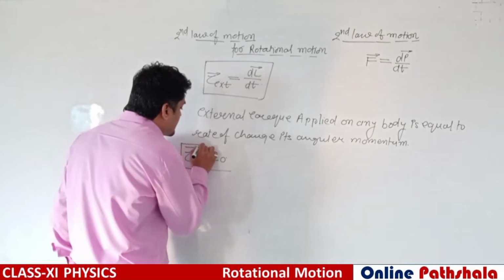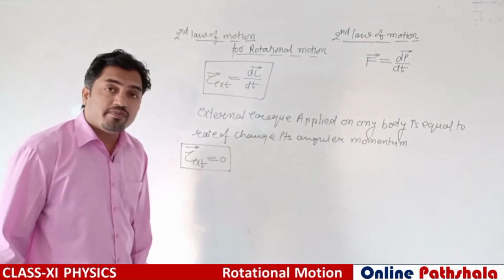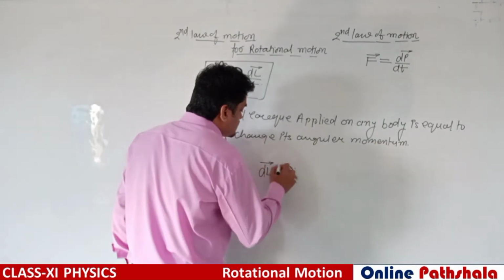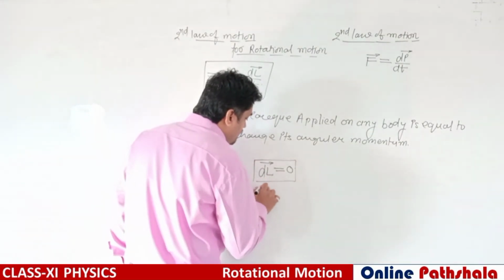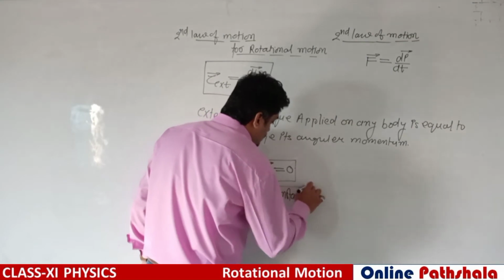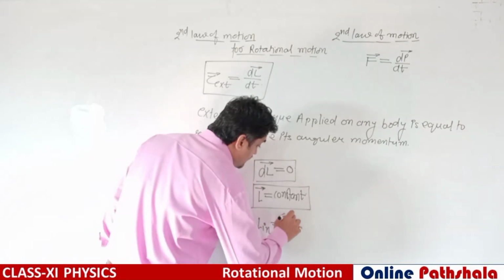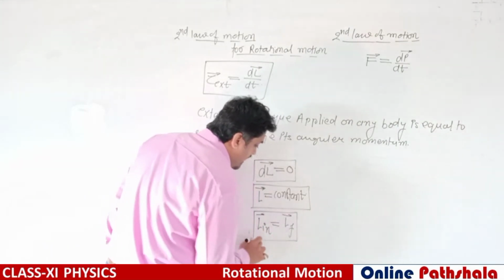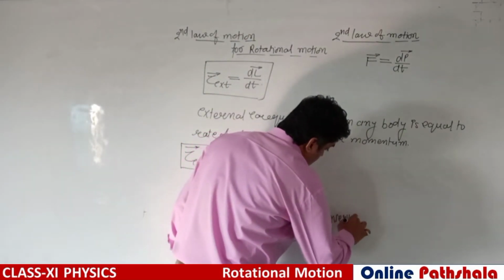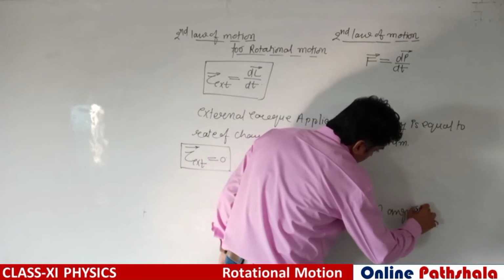If we are not applying any kind of external torque on the body, then the change in angular momentum is equal to 0, meaning L vector is equal to constant, meaning initial L is equal to final L. It is called conservation of angular momentum.